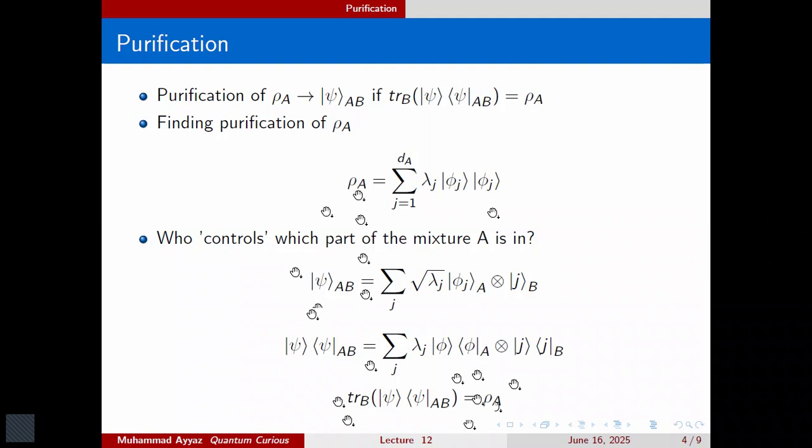So we could say that the psi state, the larger state, is a purification of the reduced state rho A, and it could be built by any orthonormal basis of system B. There is a condition that the whole state should be a pure state. So this is the idea behind purification, and we could see that it is kind of the opposite operation of the partial trace.